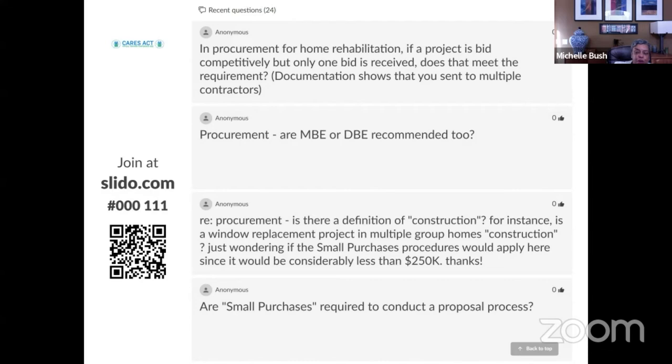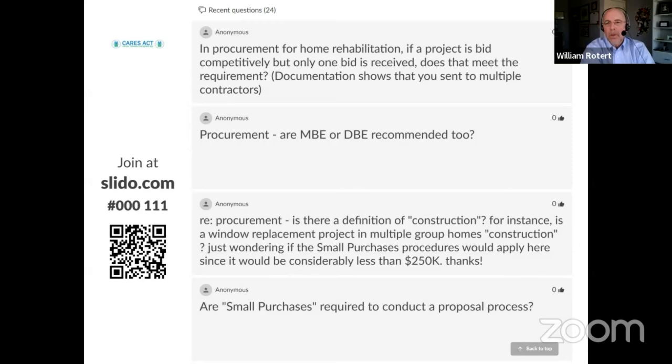Okay, in procurement for home rehabilitation, if a project is bid competitively, but only one bid is received, does that meet the requirement? If you have the documentation that shows you sent it to multiple contractors. That's the key. They show that they have the documentation to show that they sent it to multiple contractors.